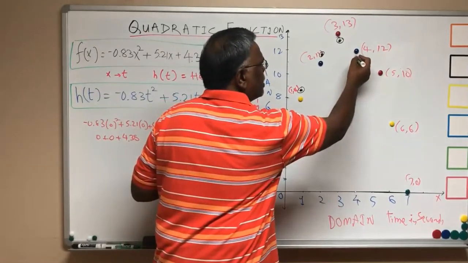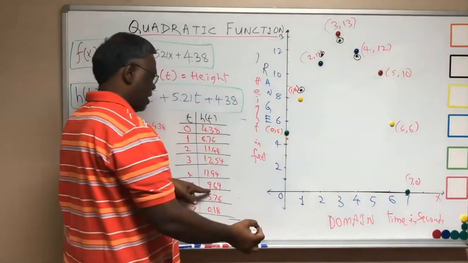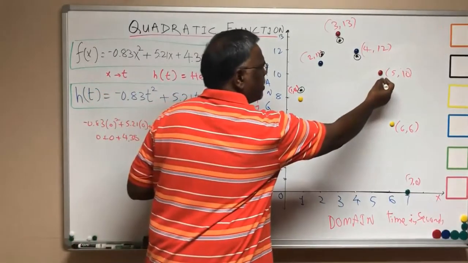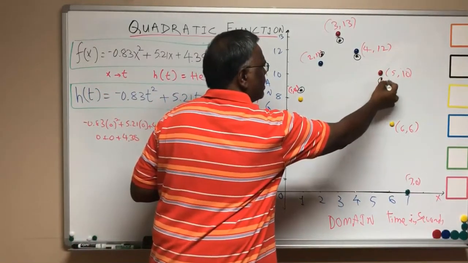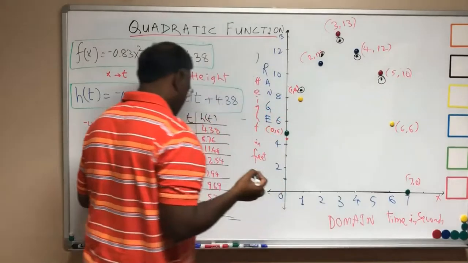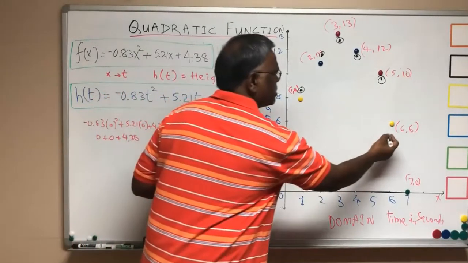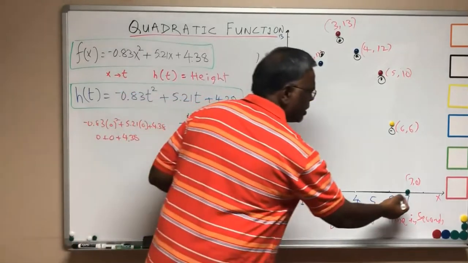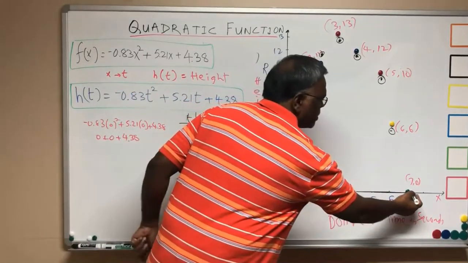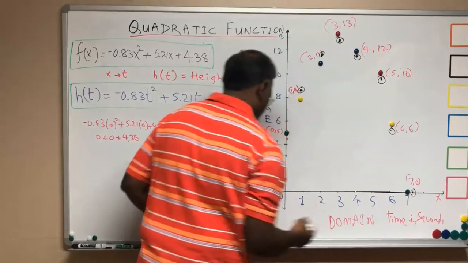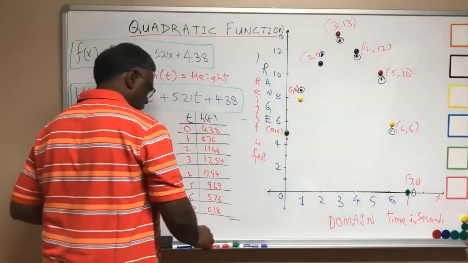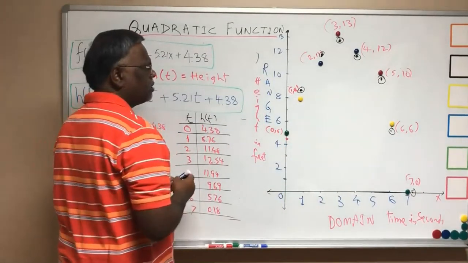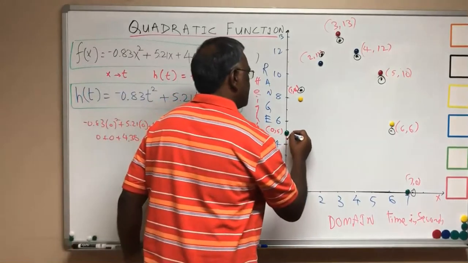Little down. 5 and 9.69. Somewhere here. And 6, 5.76. And 7, 0.18. 0.18 means somewhere here. And then I will connect all the points from here.